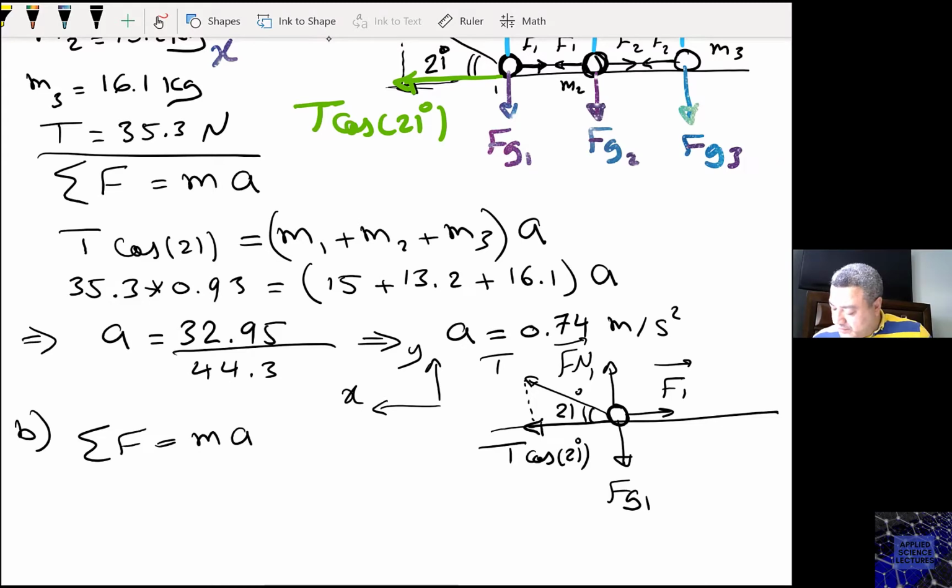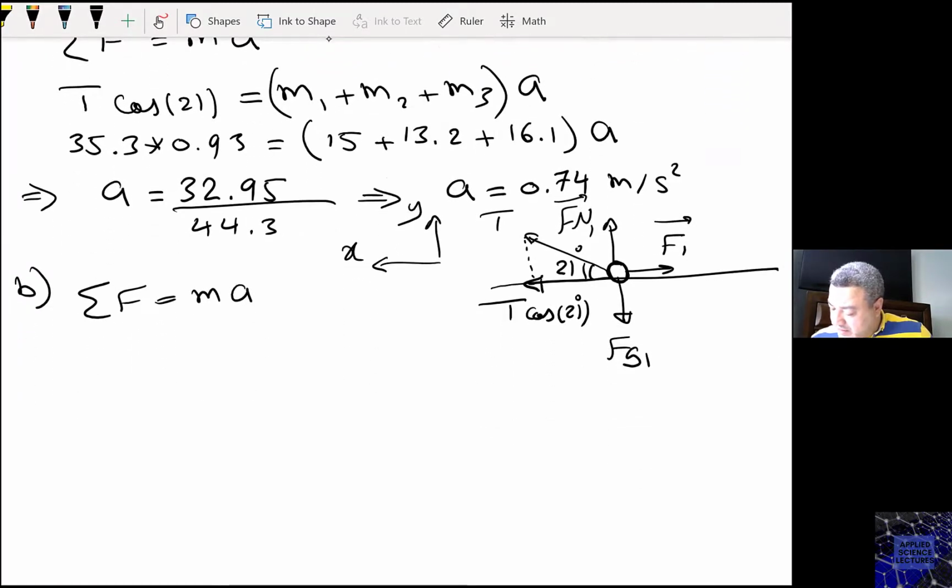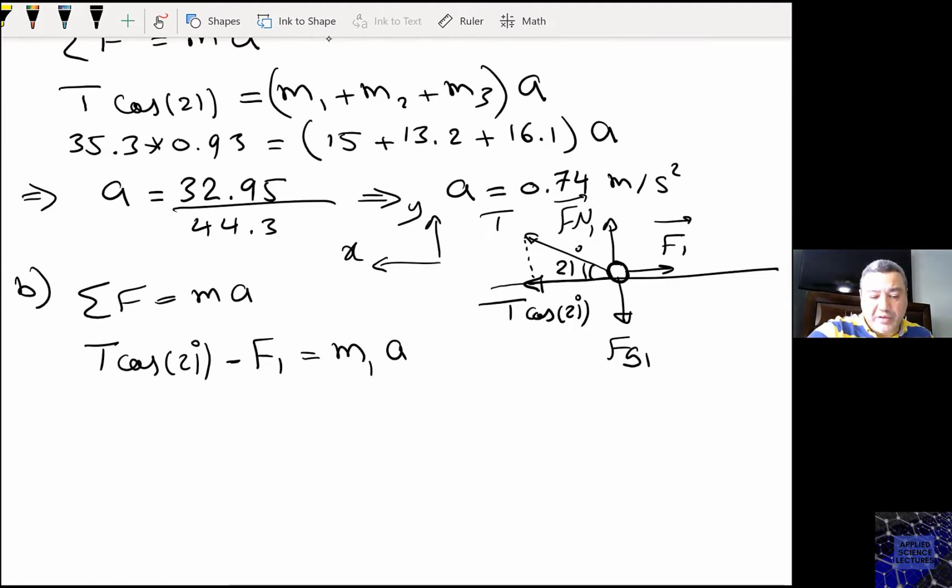We have those forces in the direction of the motion as T cosine 21 degrees minus F1 equals m1a. And a is the acceleration that we just calculated.